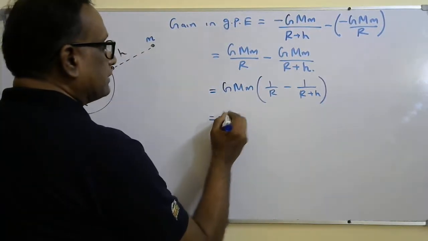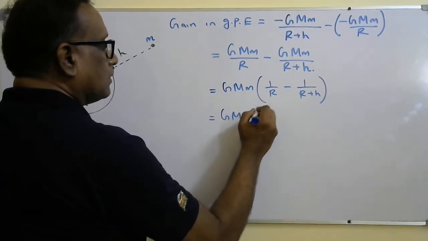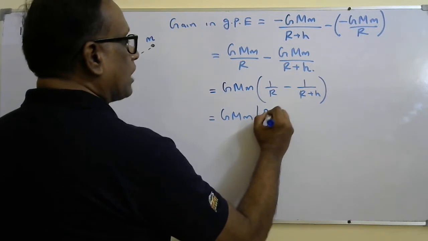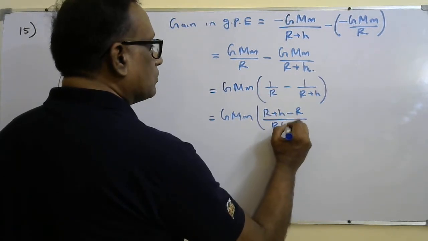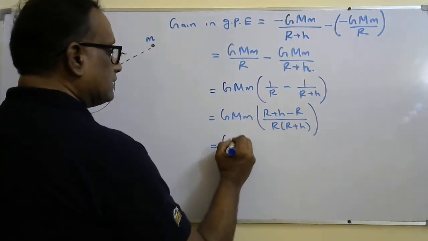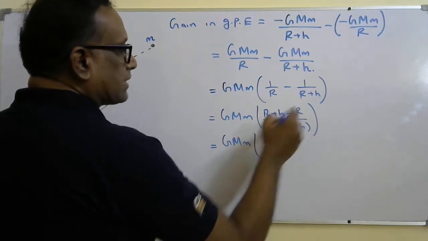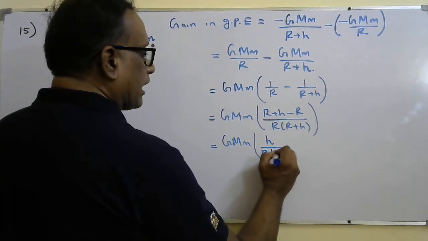Solve it further: within the bracket, take the LCM as R into R plus h. So R plus h minus R over R into R plus h, which gives GMm times h over R into R plus h.